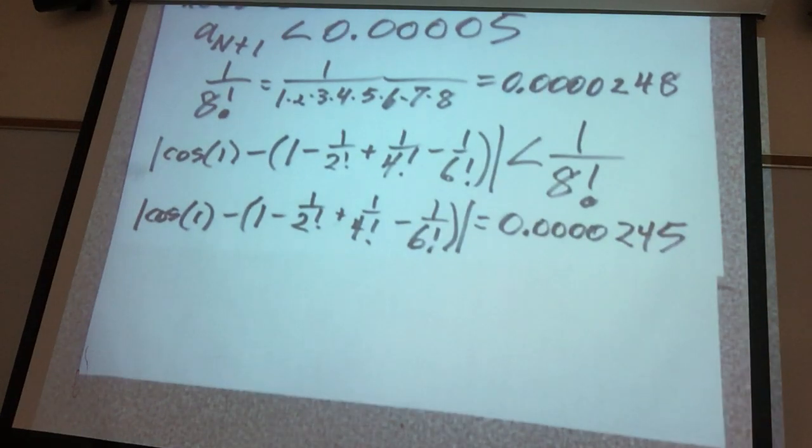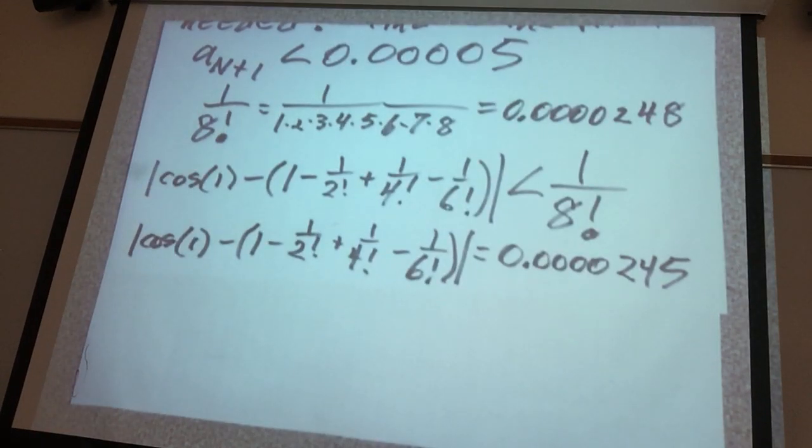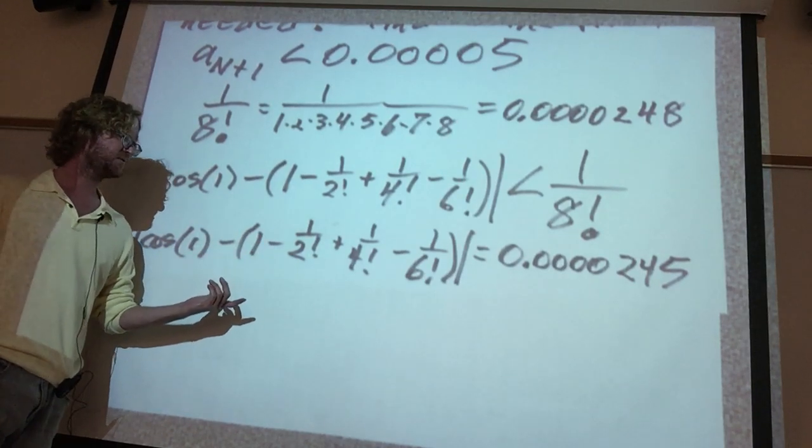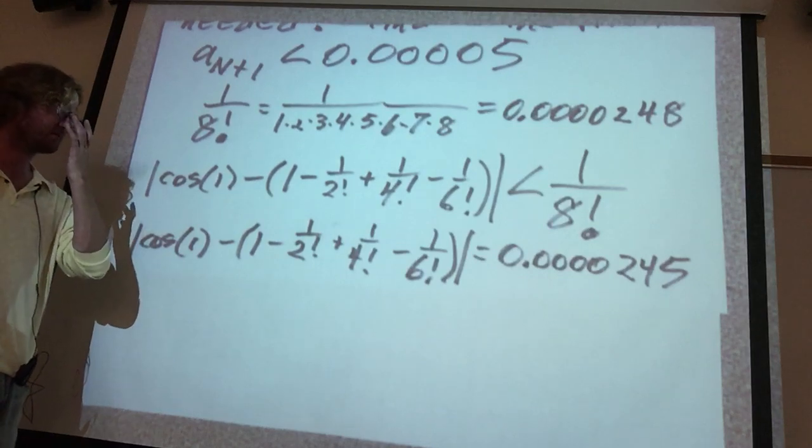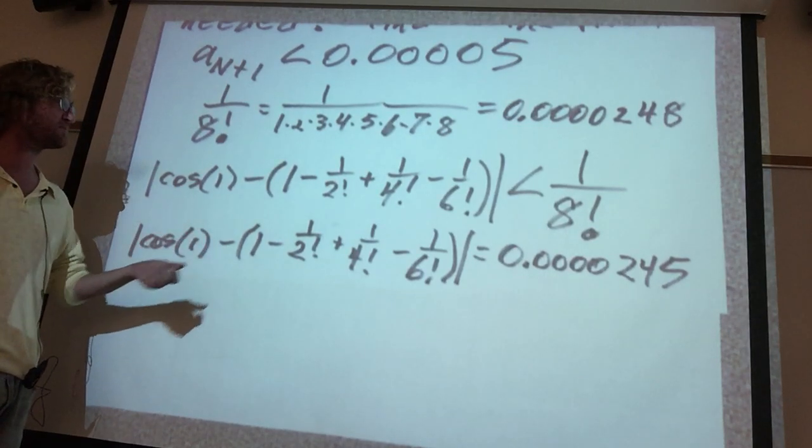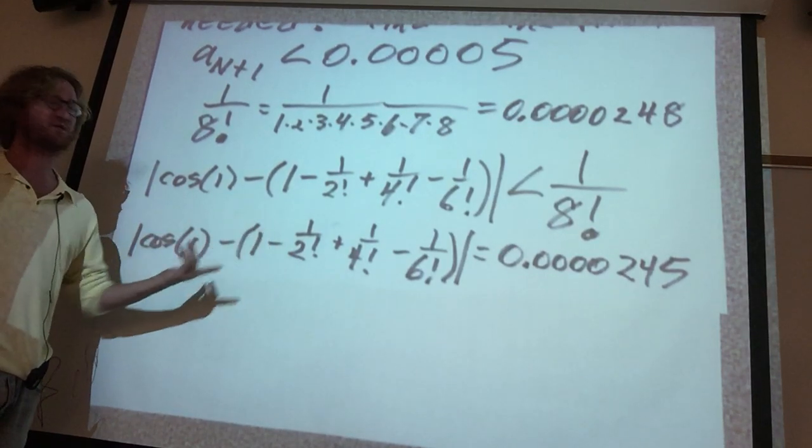So the difference is indeed less than 1 divided by 8 factorial. And so you can see that when trying to calculate cosine of 1, you only need 4 terms. This calculates cosine of 1 accurate to 4 decimal spots, and that's all you have to do right there.